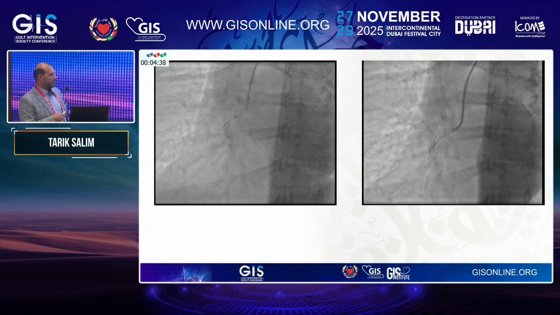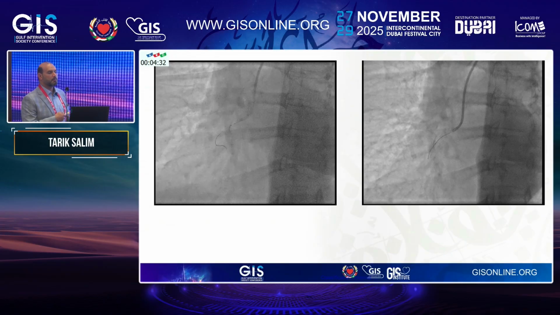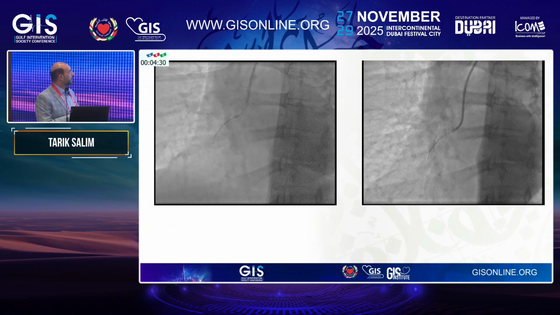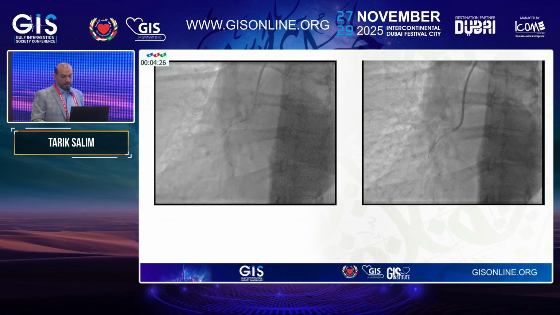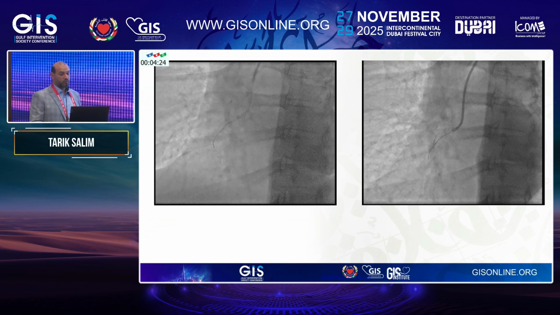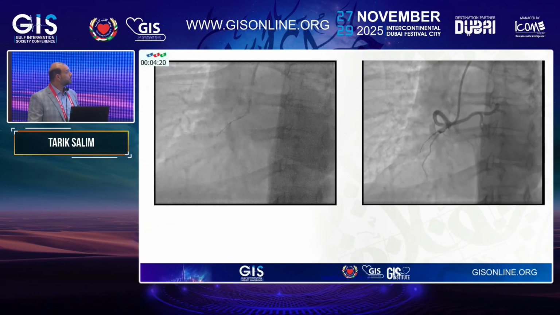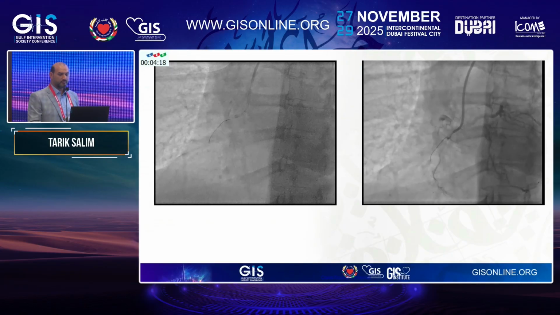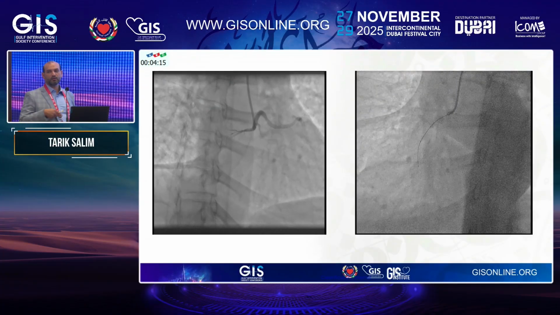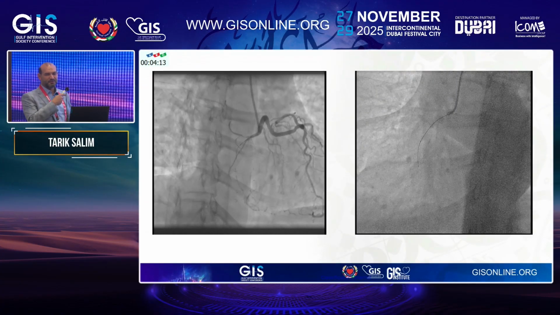I used multiple wires, but not many, to be honest. You can see a microcatheter here. This is a Mamba Flex microcatheter. And this is my first wire, which was a Pilot 50. It didn't take me too many places. Then I used the Pilot 200, which took me probably to the mid-segment. The beauty here is that I didn't need a contralateral injection because everything can be shown from the one injection.